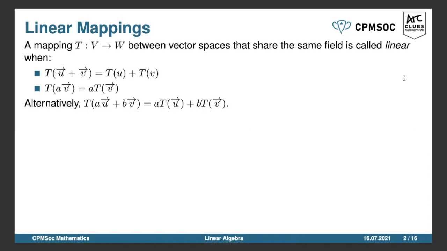Alternatively, we can combine those 2 properties into just a single thing that we have to satisfy, which is the transformation of A times vector U plus B times vector V is equal to A times the transformation of U plus B times the transformation of V. So instead of proving 2 properties, now we only have to prove 1.